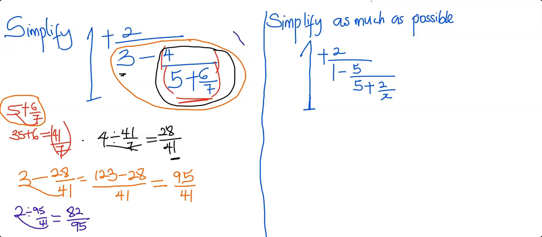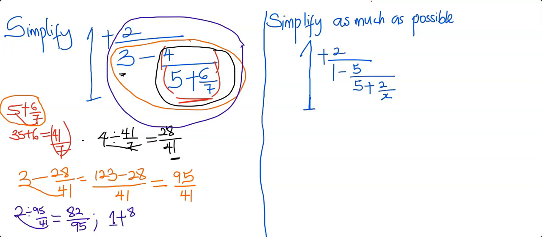Okay, so it means that we are also done with this level, this much in our problem. The final stage we are going to apply now is to add 1 to it, as simple as that. So it turns back to 1, add 82 over 95. And applying your fraction skill, this is just going to be 95 times 1 is 95, and then add 82 to it.